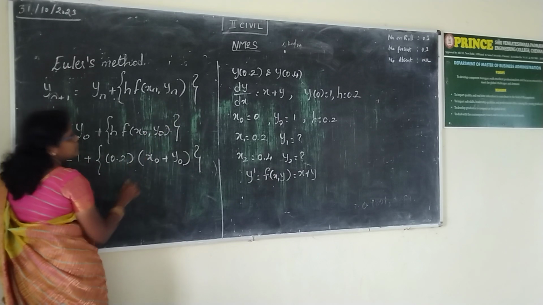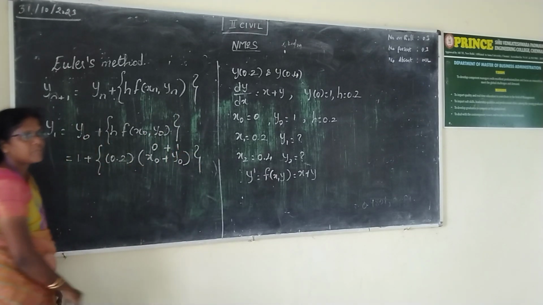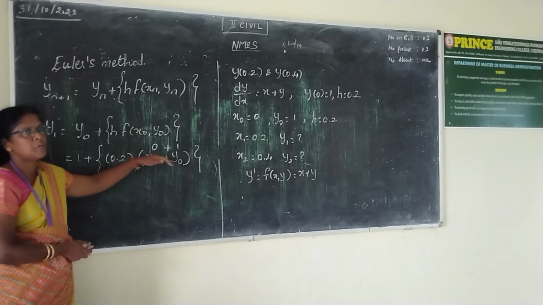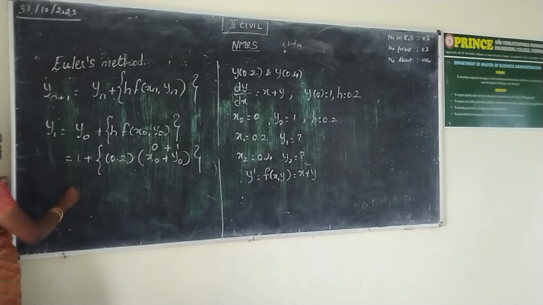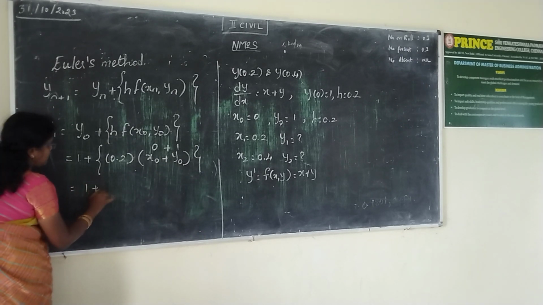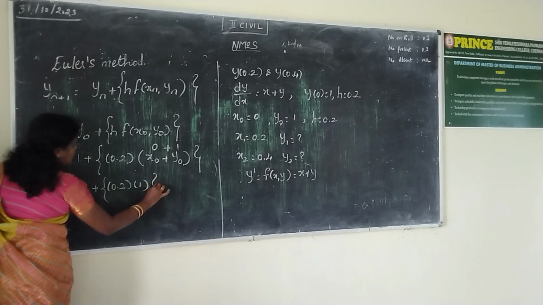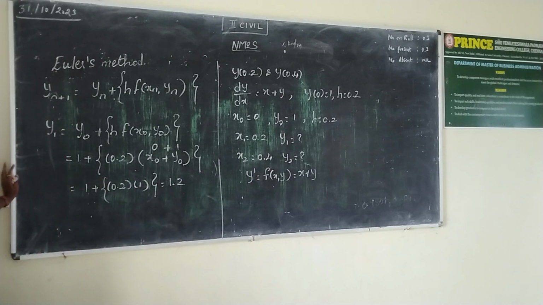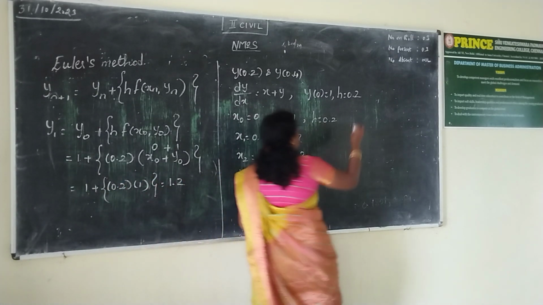What is x0 for the problem? 0, plus y0 is 1. So simplify: 1 plus 0.2 into 1. What is the answer? 1.2. Very simple. Now using this, find y2.